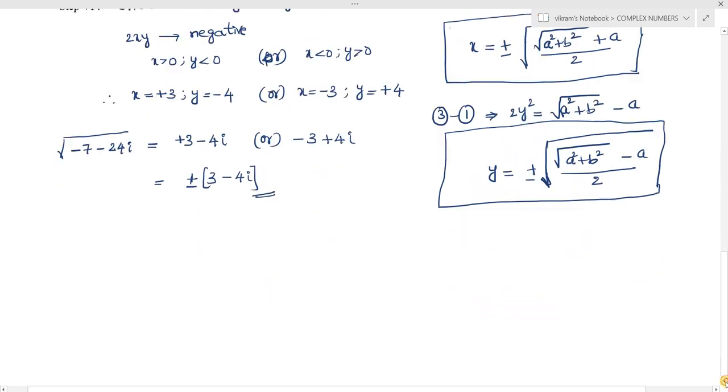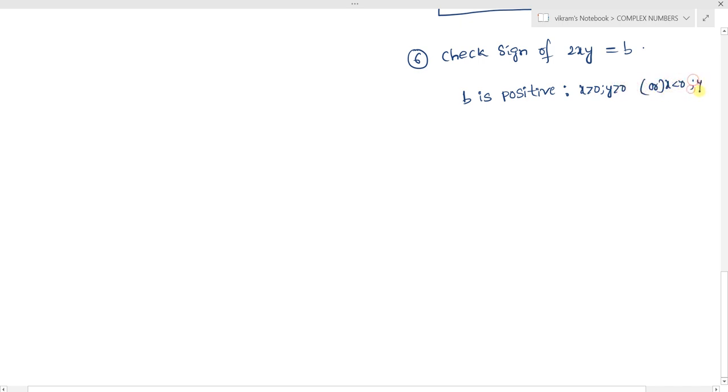Now we need to check the sign of 2xy. Here 2xy is b. If b is positive, it is only the case when x greater than 0 and y greater than 0, or x less than 0 and y less than 0.